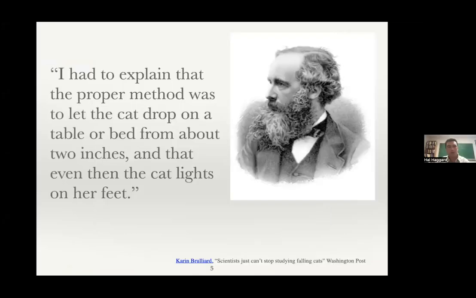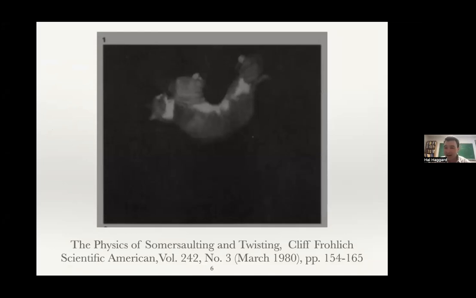Perfect. Okay. So Maxwell wasn't denying that he'd done these experiments on cats at all. He was just saying that you have to do it in a humane way. So I first encountered this question of dropping cats in an old Scientific American article in 1980, and I just can't believe this picture.